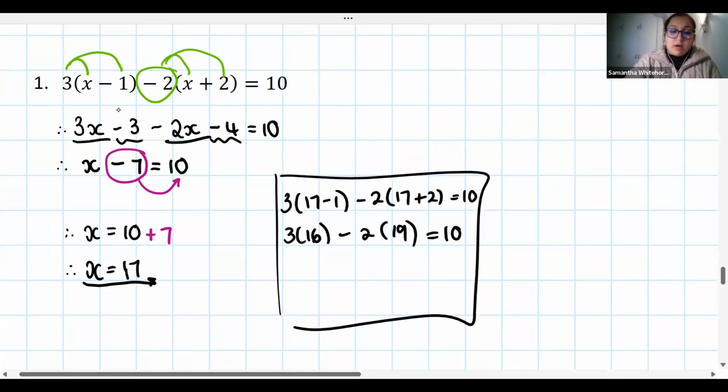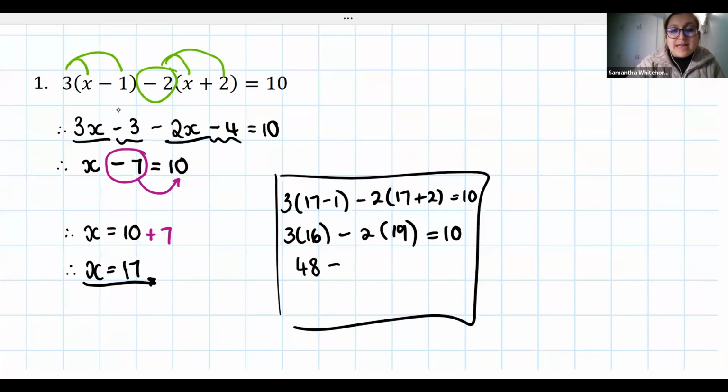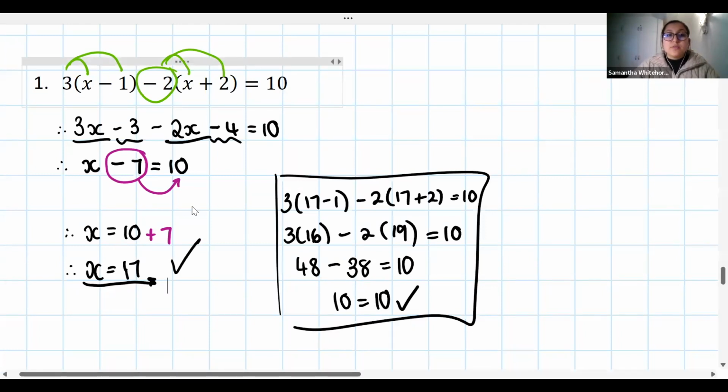If you now go and multiply, 3 times 16 gives you 48. -2 times 19 gives you -38. 48 minus 38 is 10. Left is equal to right. x equals 17 is correct. Right, so distribute. Get all x's to one side. Use your inverse operations.